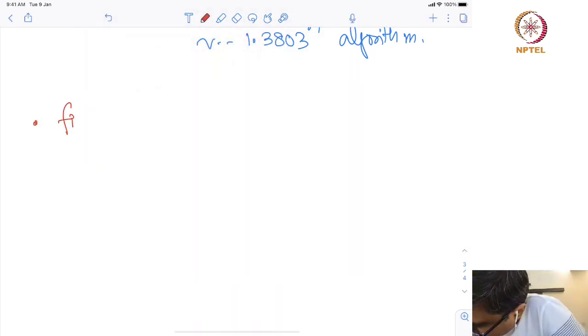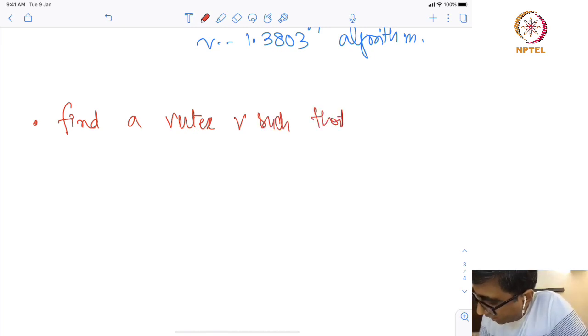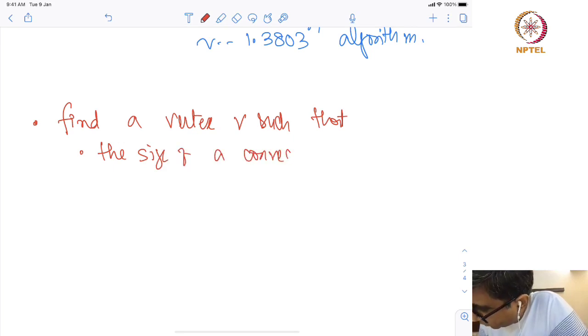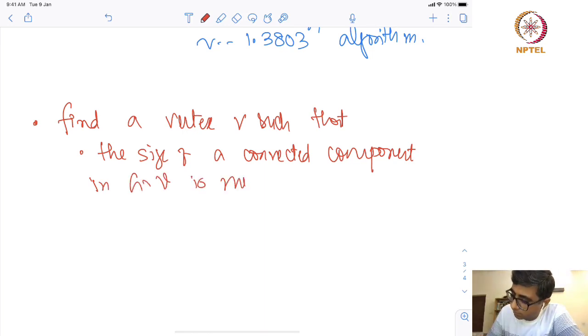I want to find a vertex V such that the size of a connected component in G minus V is minimized.